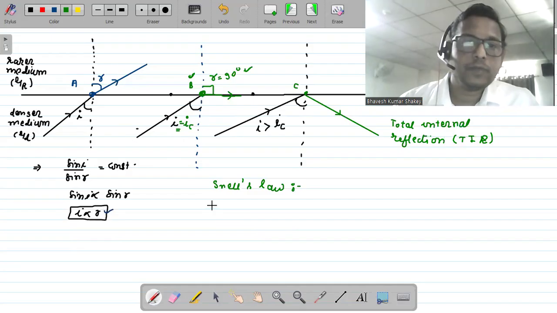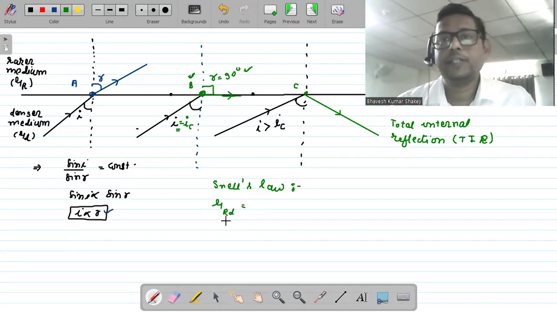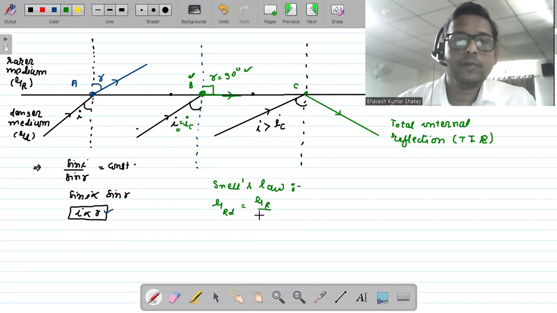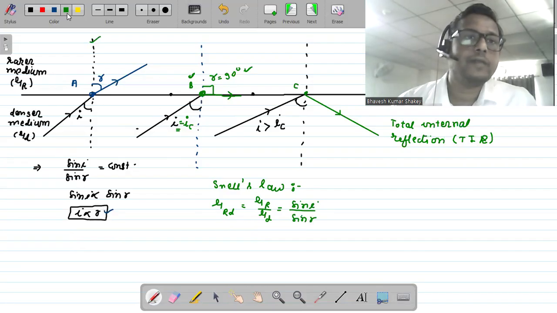So I can write mu RD, the relative refractive index of rarer medium with respect to denser medium, which is equal to mu R by mu D, and it will be equal to sin I by sin R from this first ray diagram.